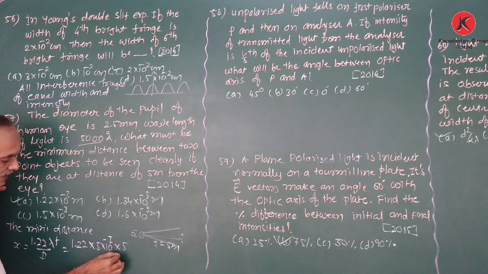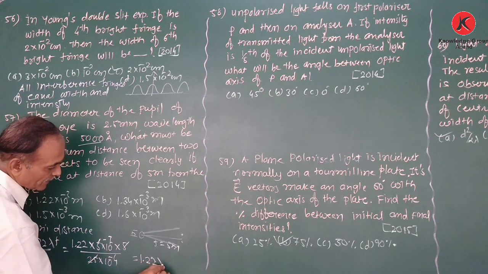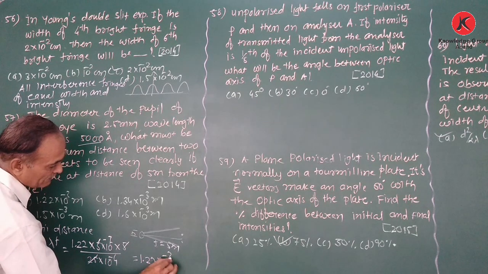That is 5 upon capital D, the diameter of the eye, which is given as 2.5 millimeter, converted to meter. Therefore, 25 into 10 raised to minus 4 meter. 5 into 25, that is cancelled. Therefore, 1.22 into 10 raised to minus 3 meter.